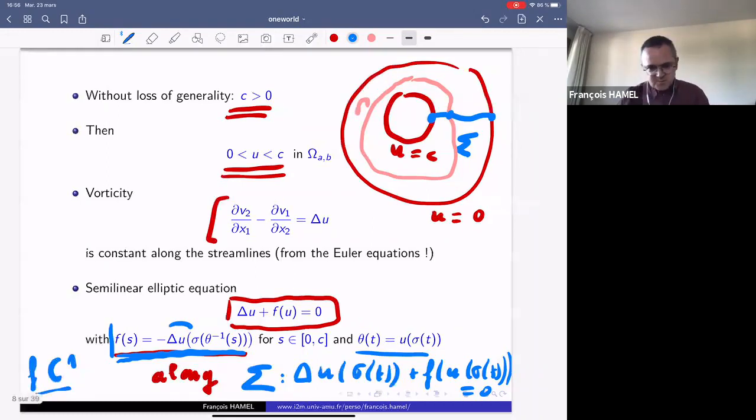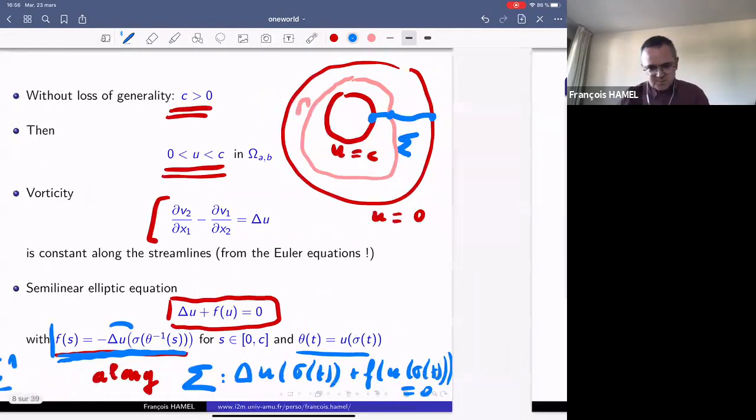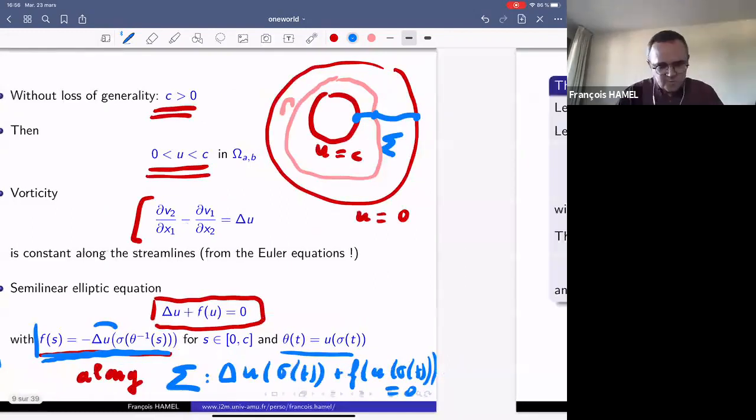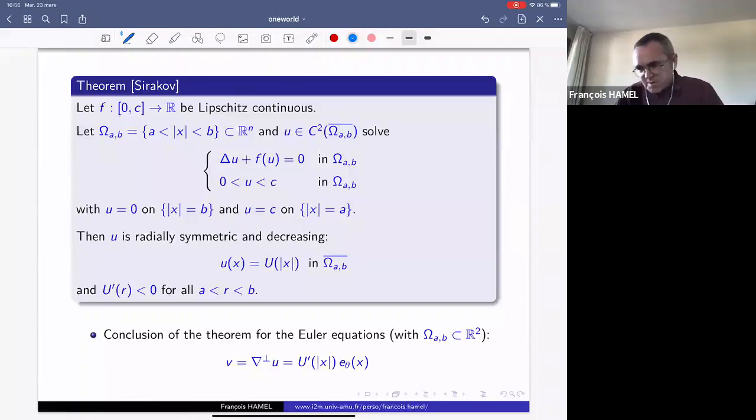So in the theorem of Boyan-Sirakoff, assume that we get a function f which is Lipschitz continuous. It would be sufficient to have Lipschitz continuous in the previous slide, so we can slightly relax the assumption on V, like C1,1, but not too much more, to apply this theorem.